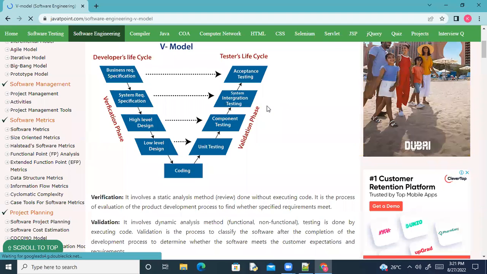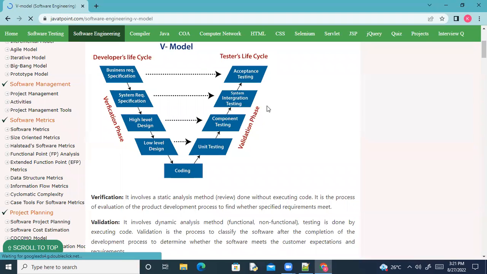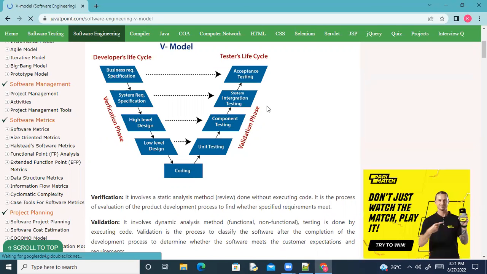If I accept it, then it is allowed to be developed. Then in the next phase, we have the system design.